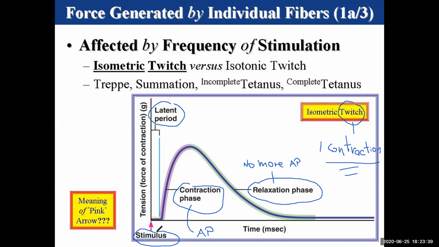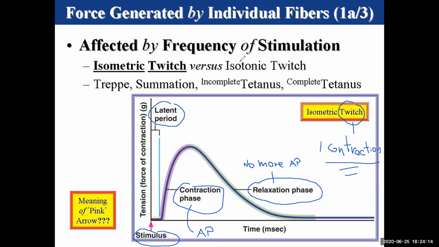That's one single stimulus, and we call that a twitch. You can have an isometric twitch or isotonic twitch. Isometric means the muscle is contracting without changing the length of the skeletal muscle cell or skeletal muscle as a whole, the entire organ.